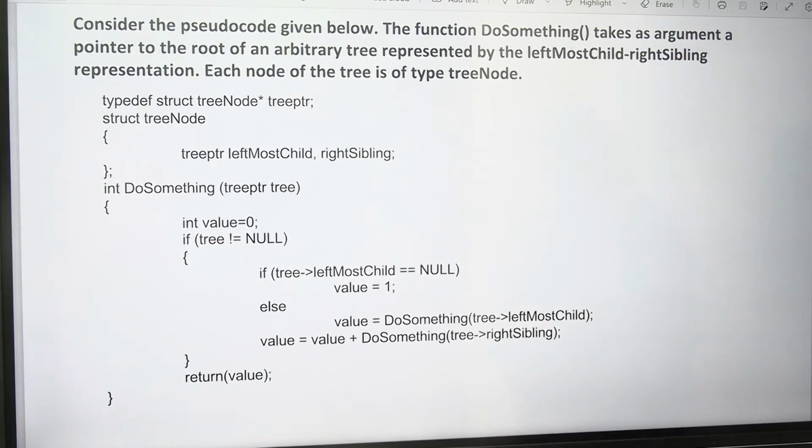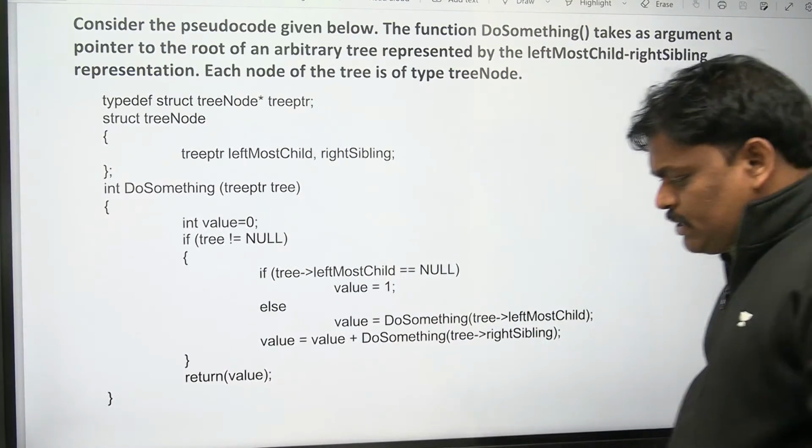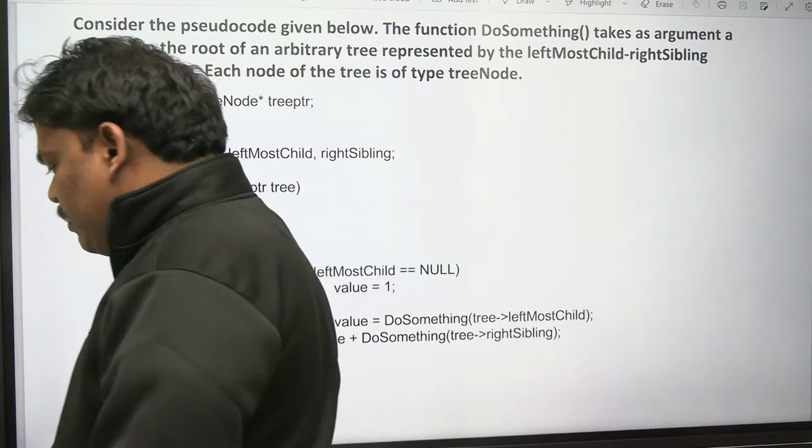Consider the pseudocode given below. The function do something takes as argument a pointer to the root of an arbitrary tree represented by the leftmost sibling right representation. Each node of the tree is of type tree node. See, some code is given. Is it visible or not?